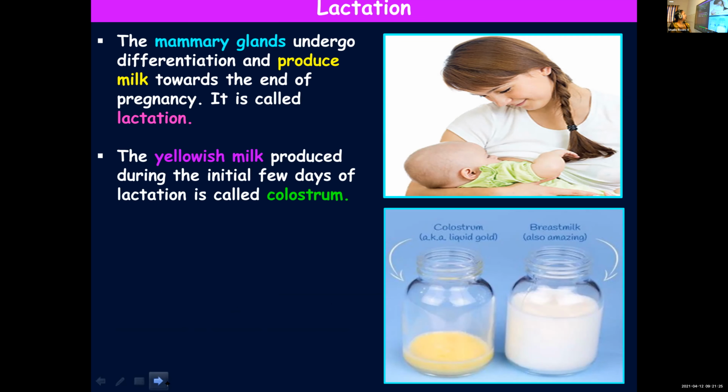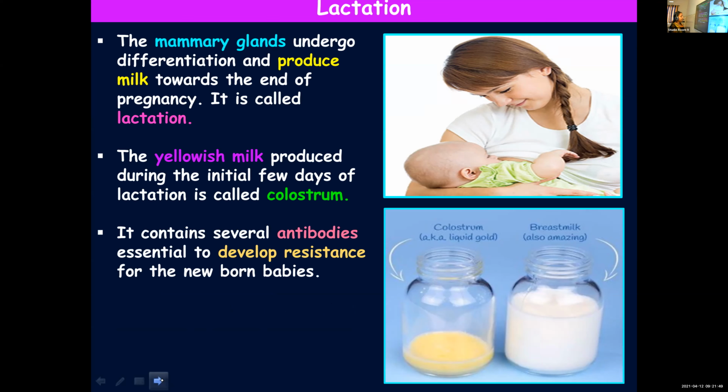During the initial few days of lactation, the color of the milk produced will be slightly yellowish, and you call this milk colostrum. You can see in the picture the normal breast milk as well as colostrum. You can notice a color change between both. Colostrum is very important for the baby because it is rich in different antibodies.